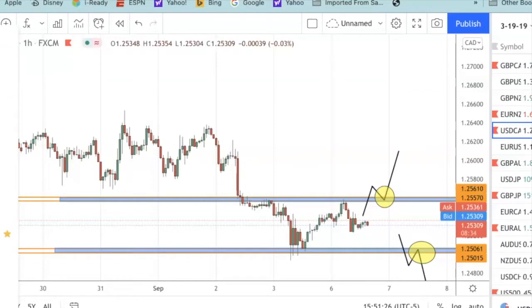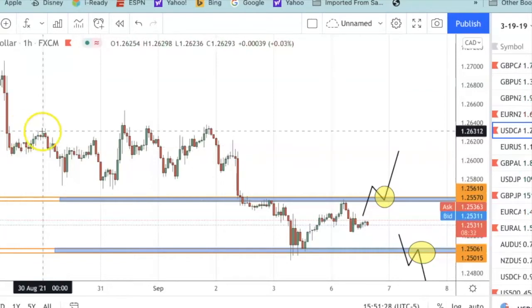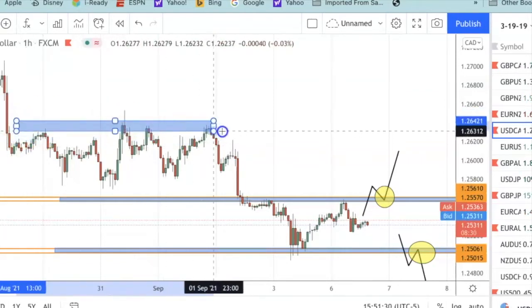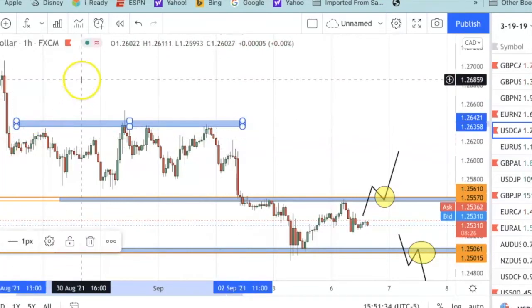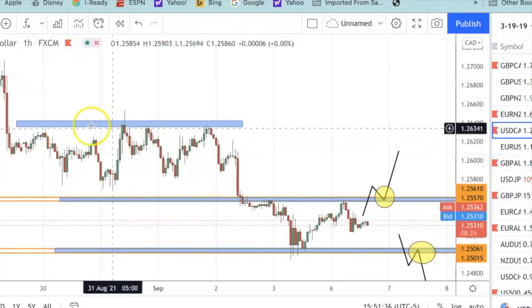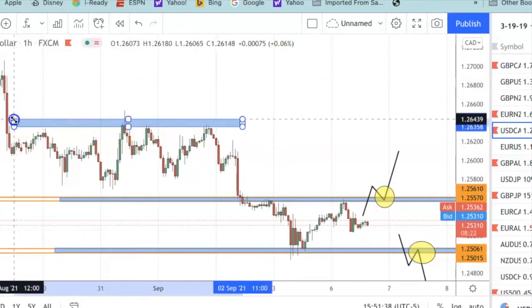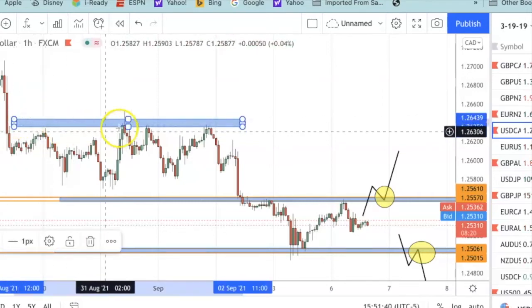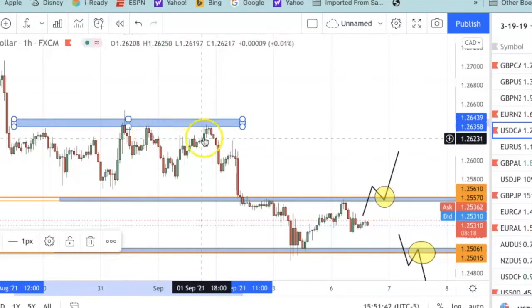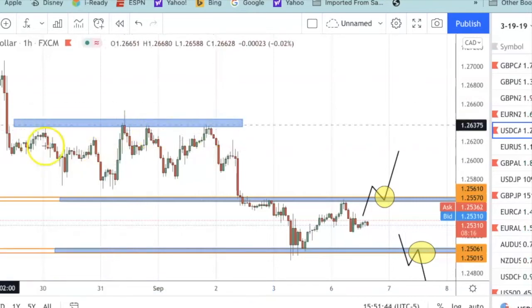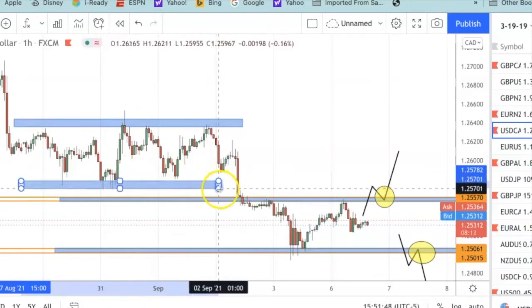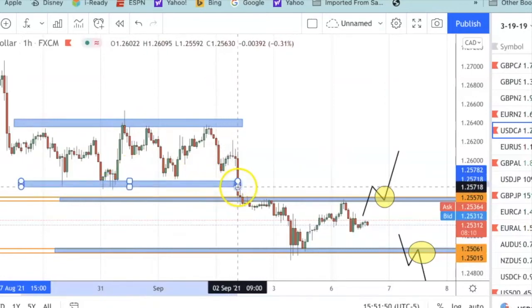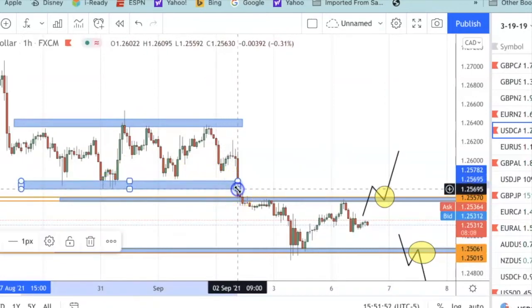If you look here, this is a resistance zone where price came up here. Even if I move it over here, it almost came up right here, and it touched again here. That's the high level. And this is the low level right here, where price came and touched these levels.